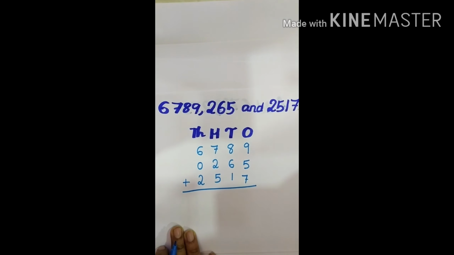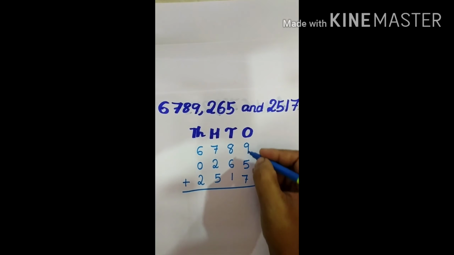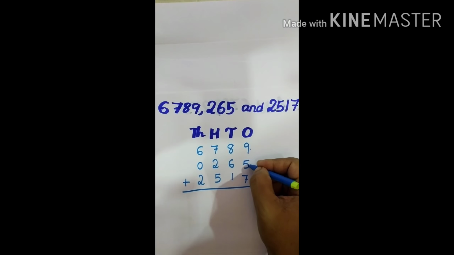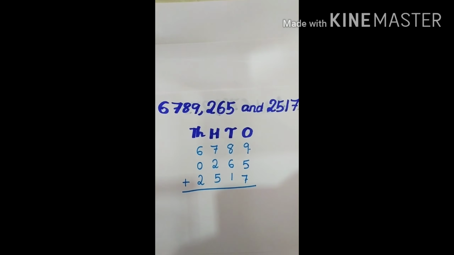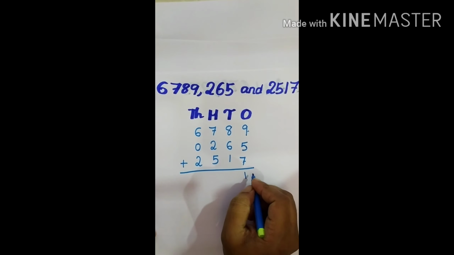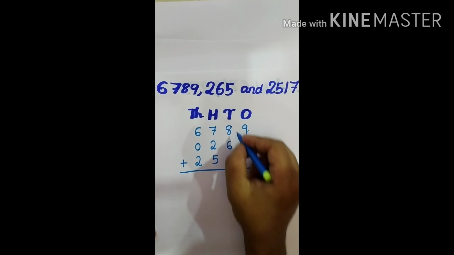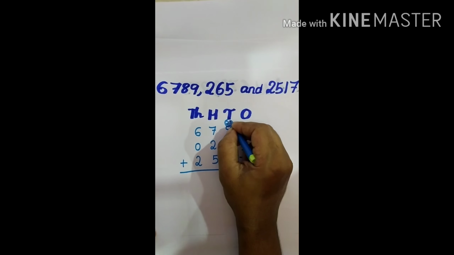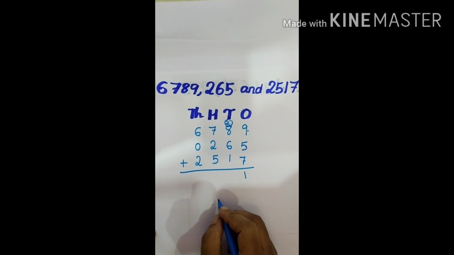Then adding from ones place. First add 9 plus 5 plus 7. 9 plus 5 is equal to 14. We get 14 plus 7, we get 21. 1, and let us carry the digit 2 to the tens place.